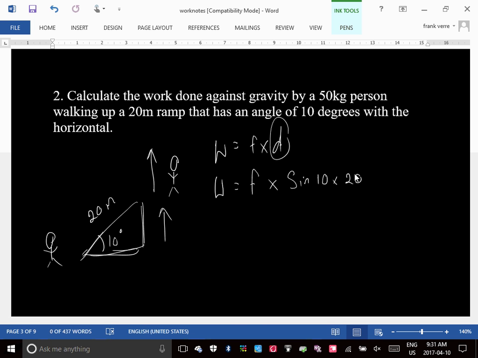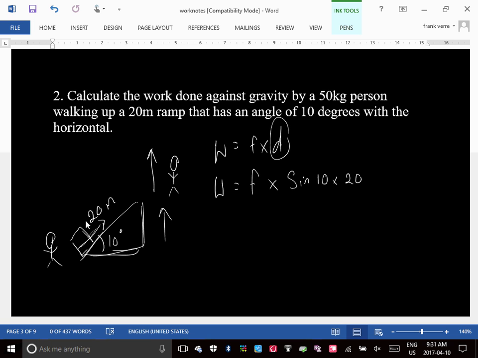Now, here's the question. Because when you walk up a ramp, it's not like you're sliding your sorry butt up that ramp, right? You're walking. But imagine that you were like a box and you were sliding it up the ramp. Now, keyword, you're sliding it up the ramp, which means there's a lot of contact between the box and the ramp.